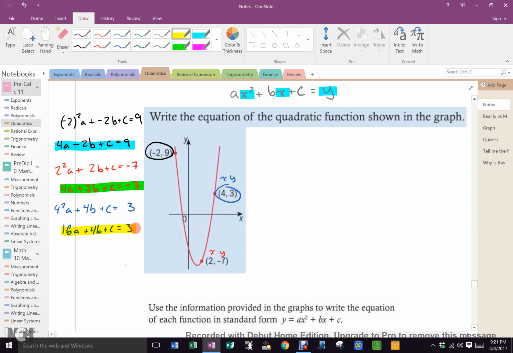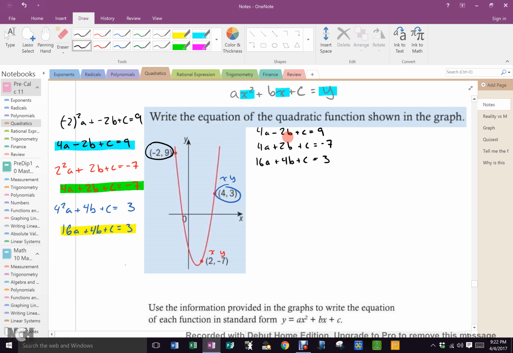There is equation 3. Now, watch this. This is something you learned in grade 10. 4a minus 2b plus c equals 9. 4a plus 2b plus c equals negative 7. And 16a plus 4b plus c equals 3.